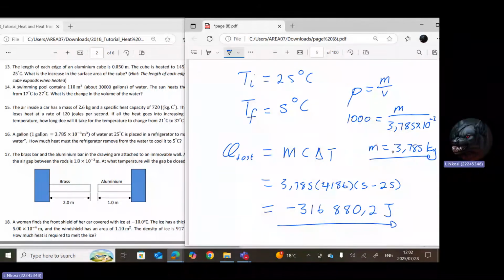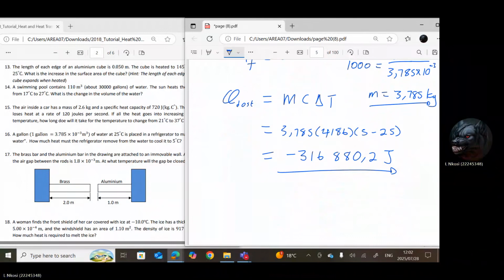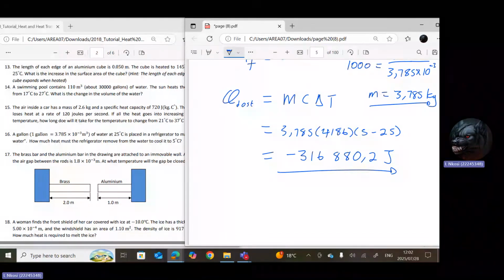And it makes sense depending on the mass of the water. So the fridge must remove this amount of heat to change this water to ice water. So yeah, that was number 16.